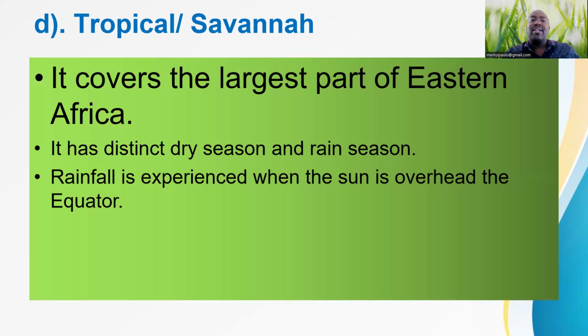Now, we soldier on. We look at what we refer to as the tropical or the savanna climate. Key to note that in Eastern Africa, the largest part is covered by the tropical, also referred to as the savanna climatic region.